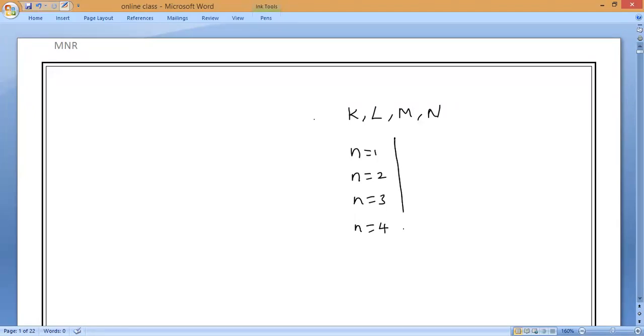What is the formula we will use? 2n square. If we use this formula, we can find the maximum number of electrons which we can fill in the K shell, L shell, M shell, and N shell. That is the first significance: we can find the size of the atom.